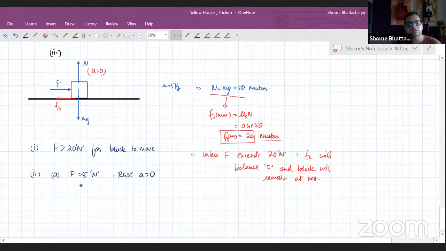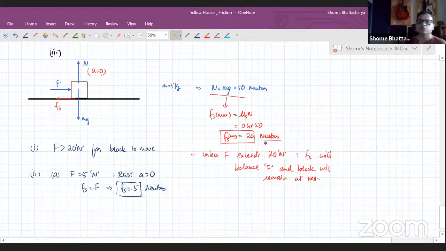So that means the amount of static friction acting in this case will be 5 newtons. Remember that just because 20 newtons of friction is available to us, that doesn't mean that 20 newtons will act in this case. When I'm applying a force of only 5 newtons, the friction will not be 20 newtons because that would be ridiculous.